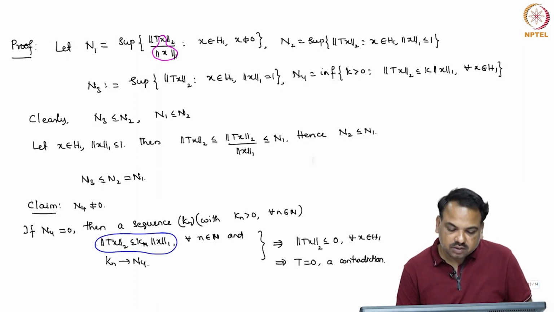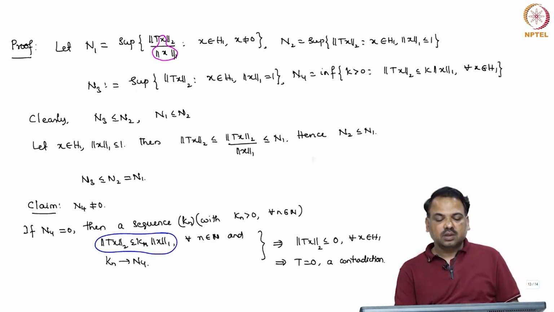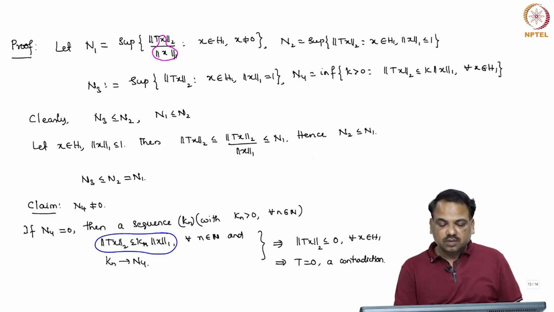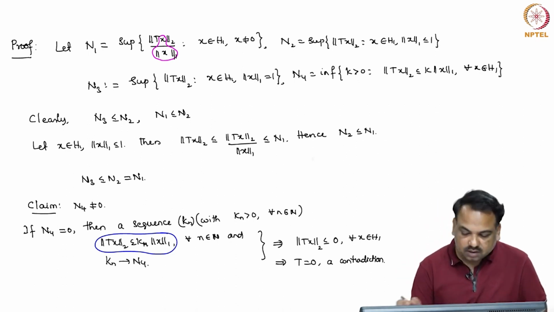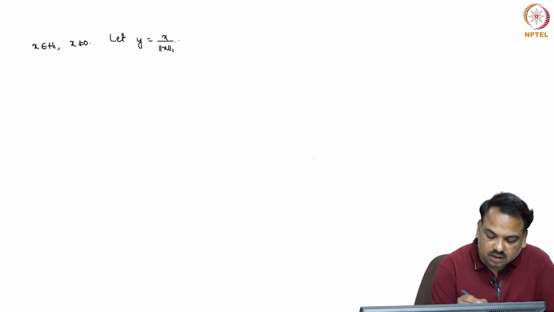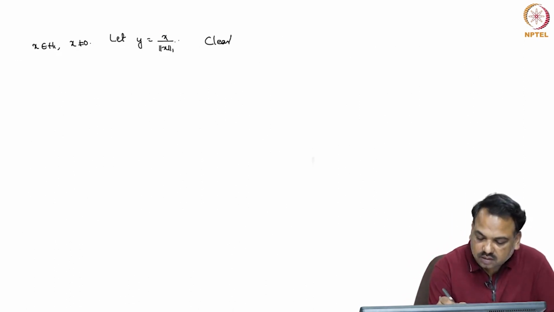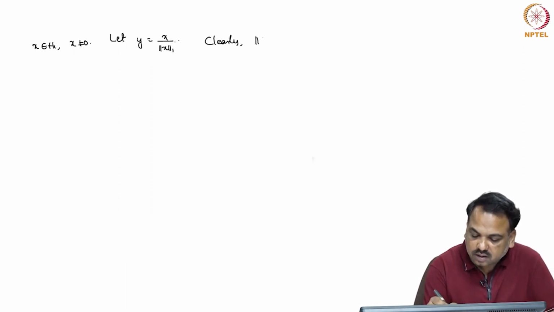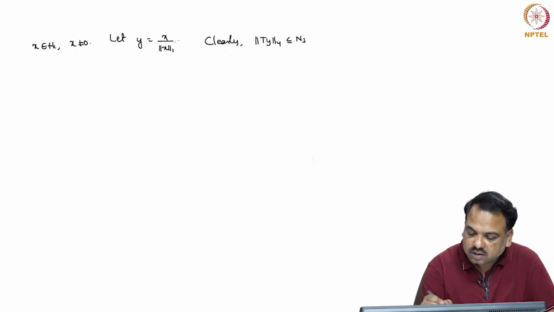N3 says the supremum of norm Tx over x with norm x equal to 1. So, now if you apply the definition of n3, norm Ty is less than or equal to n3. This implies norm Tx by norm x is less than or equal to n3.